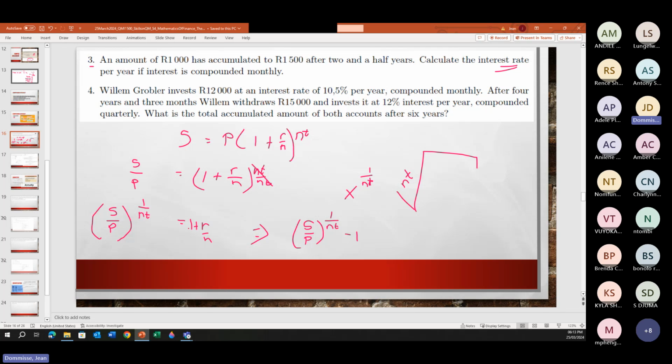So we get rid of the 1, and then finally we need to get rid of the n, so we need to divide by n. So that will be r. So that is, sure, a lot of work if you want to use the formula to get to it.